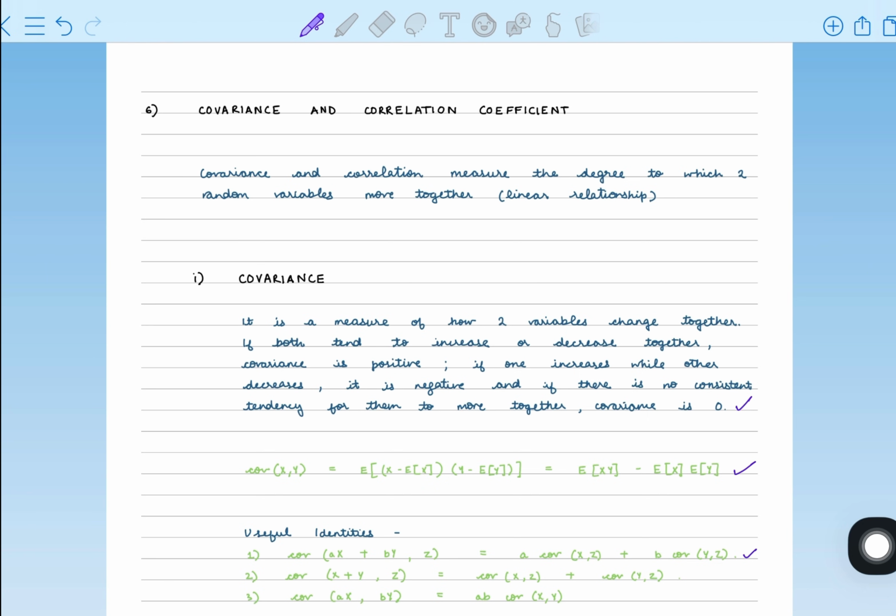The second important identity is the covariance of x plus y, z is equal to the covariance of x, z plus the covariance of y, z. The third identity states that the covariance of ax, by is equal to ab times the covariance of x, y.